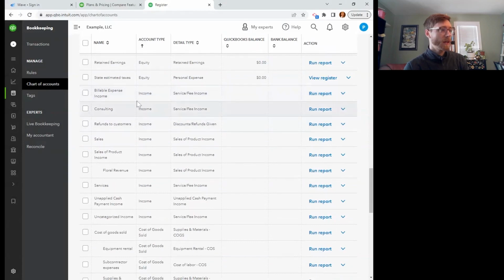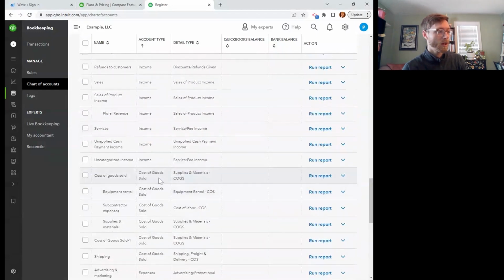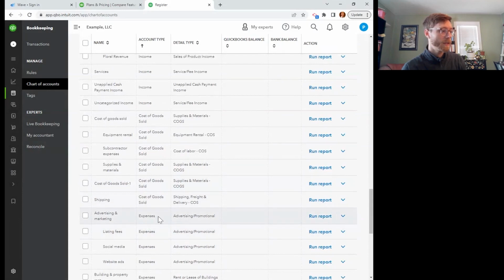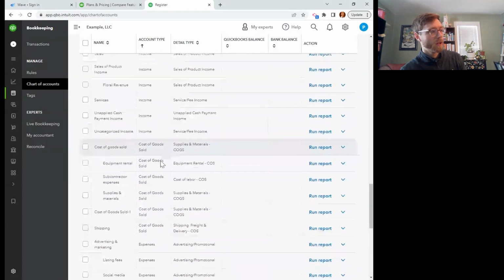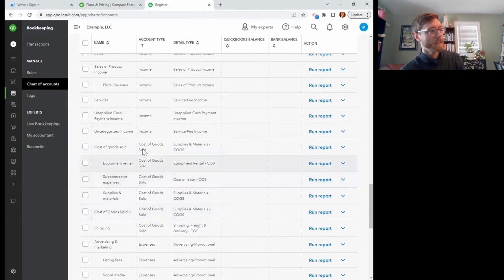And we've got income. So finally, we're getting to those very commonly used accounts: income, cost of goods sold, and expenses, which is a little misleading because cost of goods sold are expenses, but they're different types of expenses. Cost of goods sold are expenses that are directly related to your income.